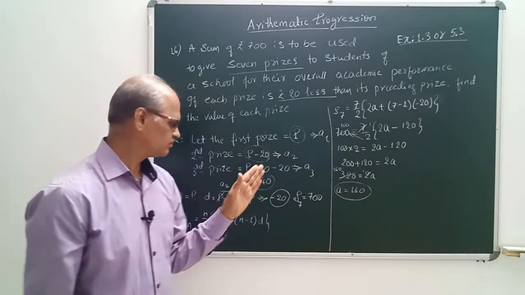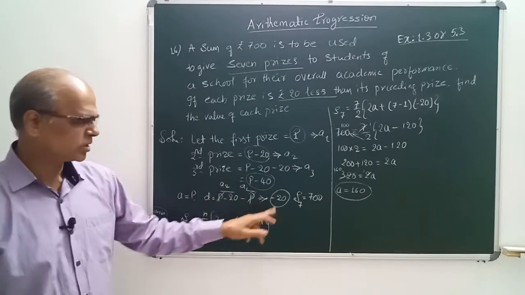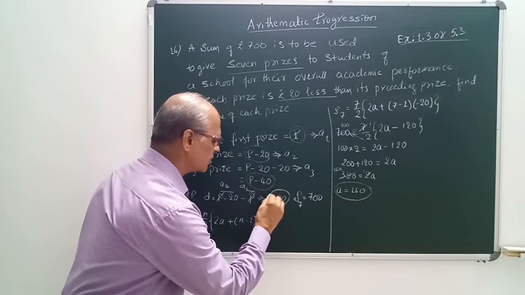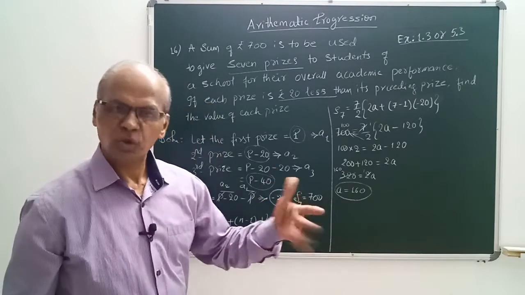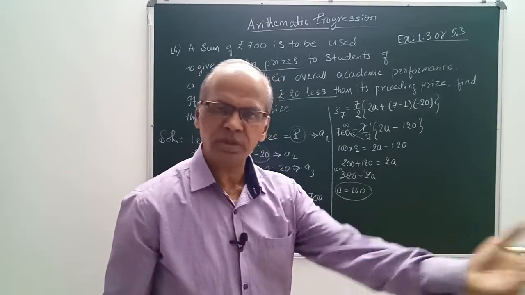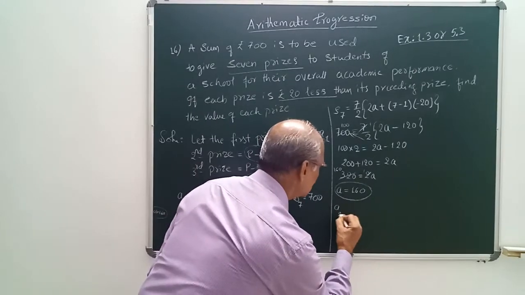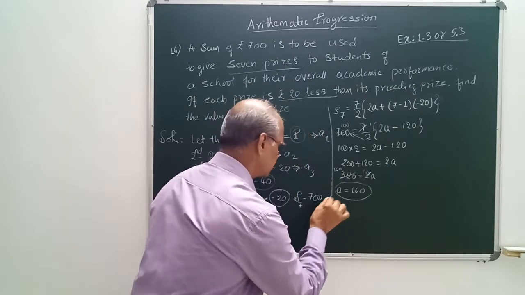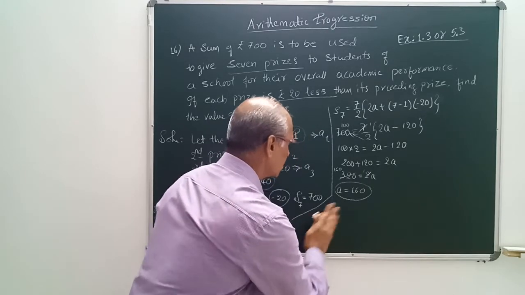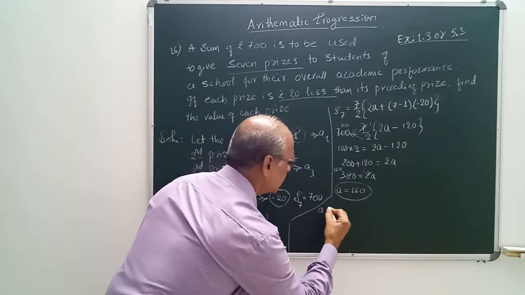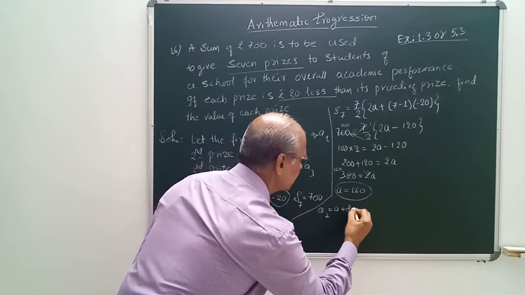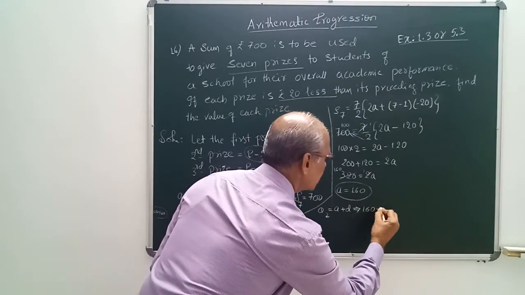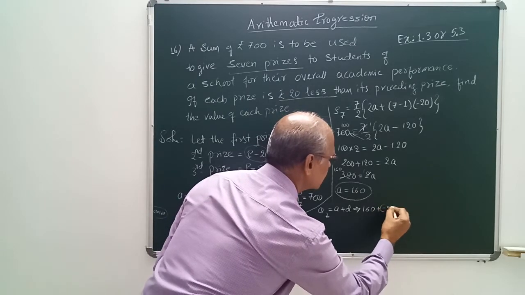Now we know d. d is minus 20. That means we can find all the 7 terms. a is already known. Now we'll go for A2, A3 and so on. A2 is the second prize. A2 is equal to a plus d, that means 160 plus minus 20.